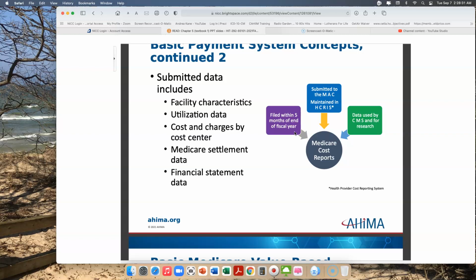So if your organization's fiscal year ends December 31st, you have to have this submitted before the end of May. So it works off of your facility or organization's fiscal year, not the Medicare fiscal year. It gets submitted to the MAC, and it's maintained in the HCRIS system. The data is used by CMS and for research.